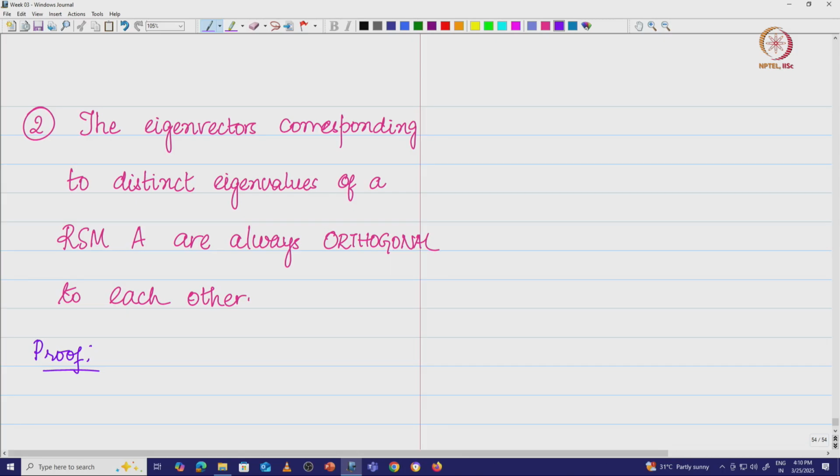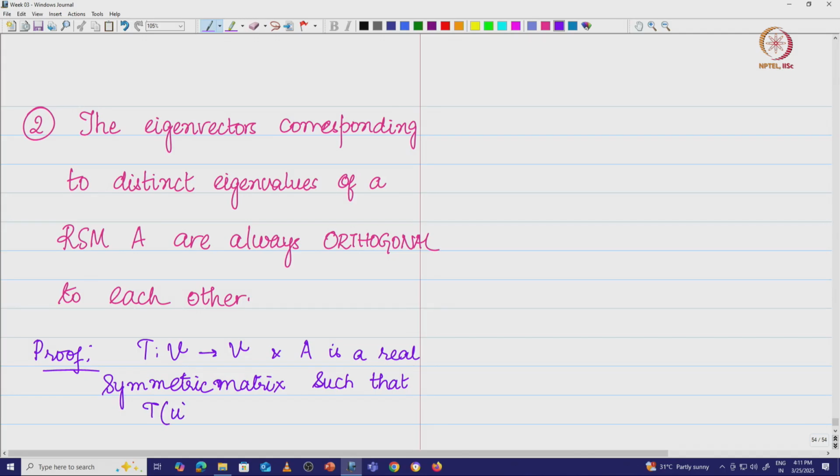Suppose T is a mapping from V to V, and A is a real symmetric matrix such that T of any vector u is equal to A u.